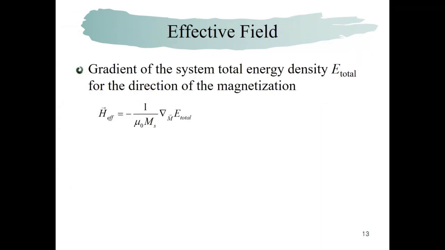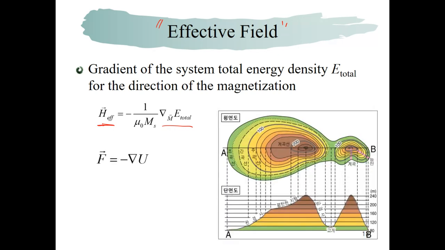And let's go back to the meaning of the effective field again. I already explained the effective field is determined by the gradient of the total energy. This is somewhat similar to the gradient of the potential energy being converted to the force. This is the simple explanation of this meaning. On the right-hand side, this is the equi-height map.